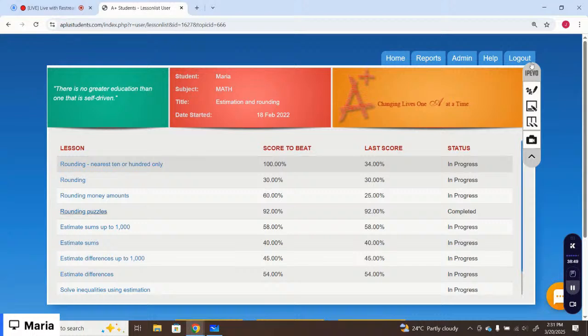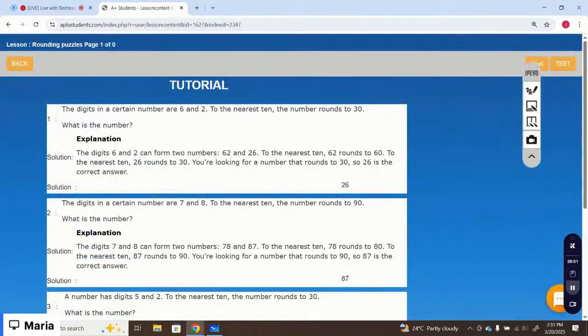The next one is rounding puzzles. The digits in a certain number are 6 and 2. To the nearest 10, the number rounds to 30.